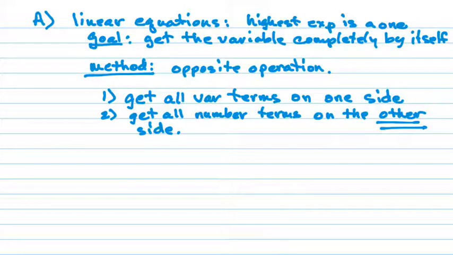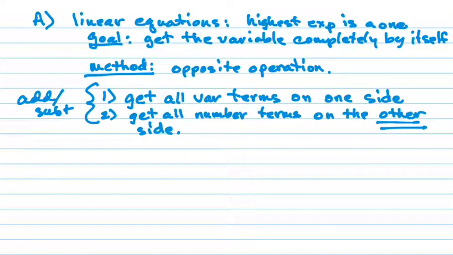All right. Now to do this, we're either going to add or subtract. Because if you remember, terms are separated from each other by pluses and minuses. So to move an entire term, you do that by adding or subtracting. So if it's positive, you will do what? Subtract. If it's negative, you will add.